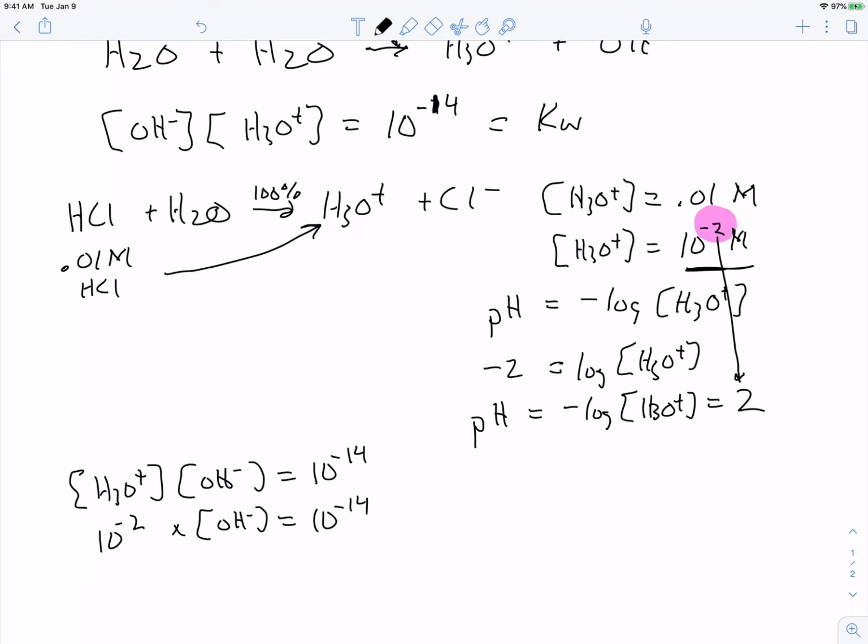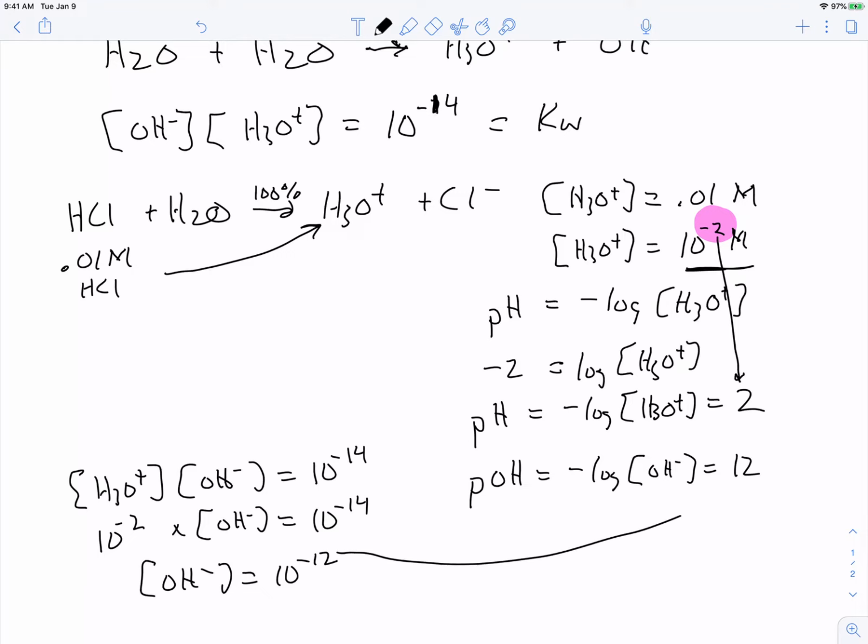It would be 10 to the minus 12. So the pOH equals the negative log of the hydroxide concentration. It's figured out the same way, which in this case would be 12. So you can see where that number comes from.